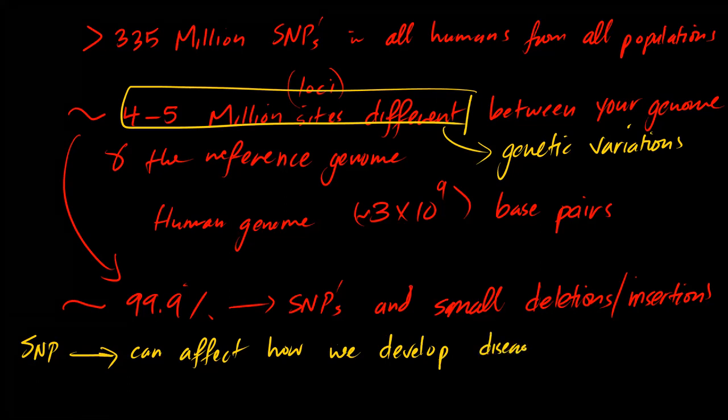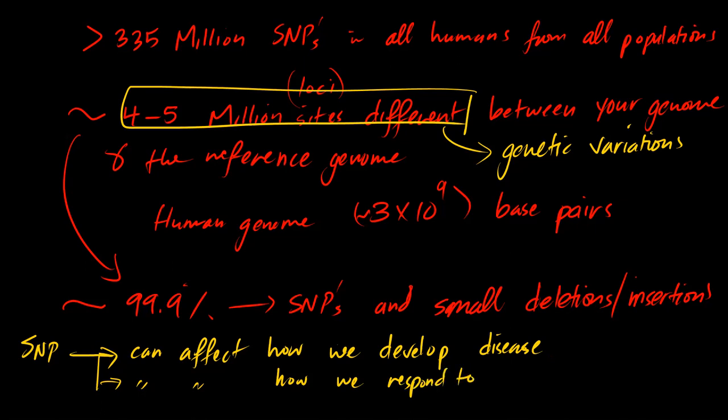Some SNPs have been associated with certain diseases or the risk of having certain diseases. Some SNPs can affect how we as humans respond to, I'm going to list a couple of things: pathogens, chemicals, drugs, vaccines.